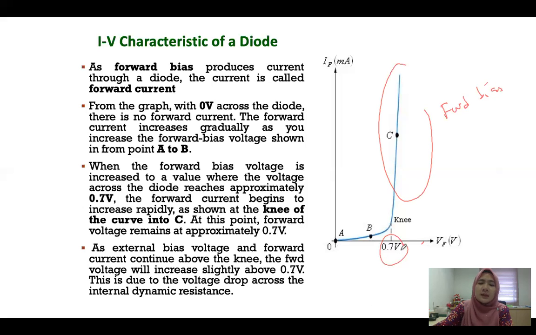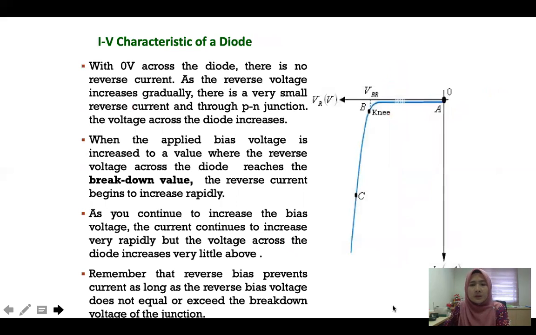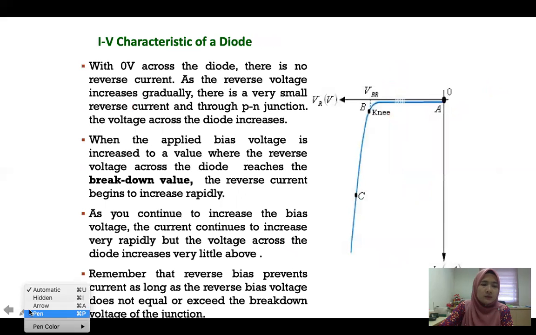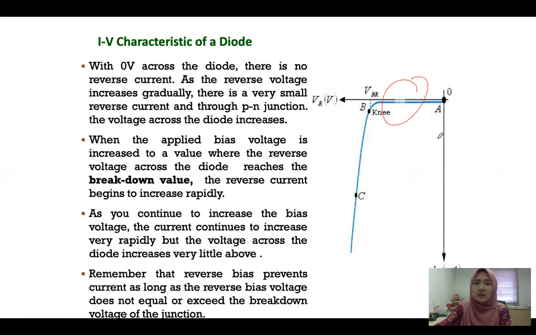The voltage must exceed 0.7 volt so that it can operate in forward bias. This is the reverse bias region, where the current is very small, and in most cases you can neglect the current, and this part is what we call the breakdown region.